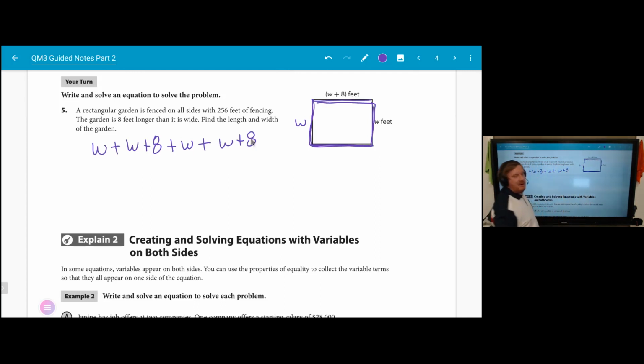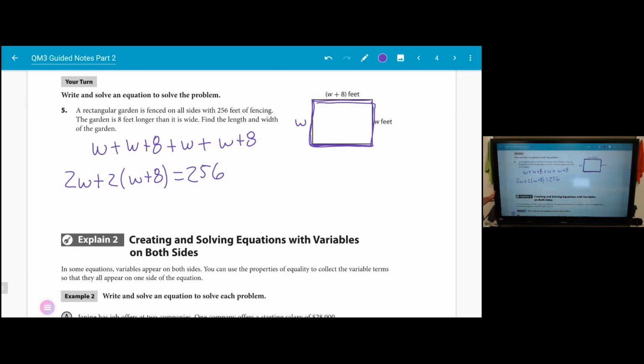Now, if you know anything about a rectangle, you know that the perimeter is twice the width plus twice the length. So in other words, I could have said 2W plus 2 times (W plus 8), and these would mean the same thing. And in total, the perimeter gives us 256 feet.